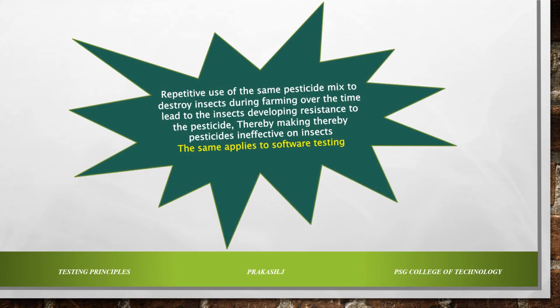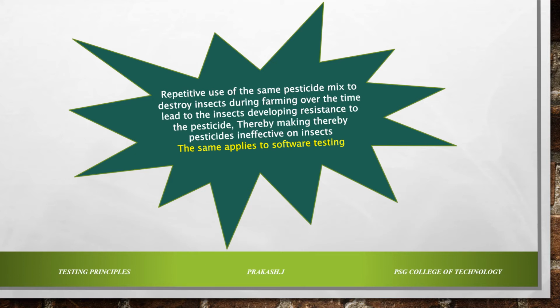What do farmers normally do to kill insects? They identify a certain pesticide mix and spray it around the crops to ensure the insects are killed. What if the same pesticide mix is used for a long time?